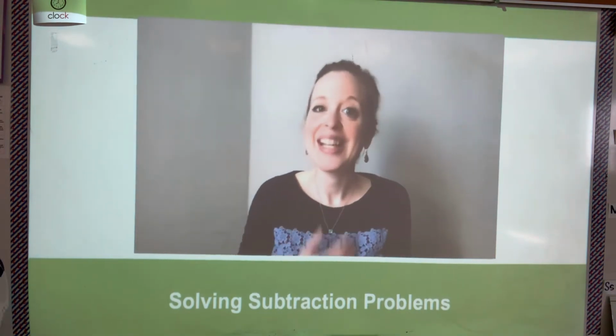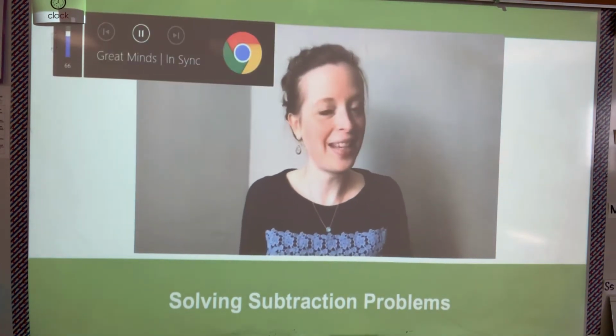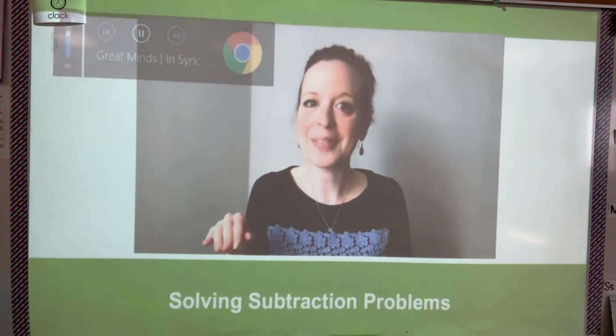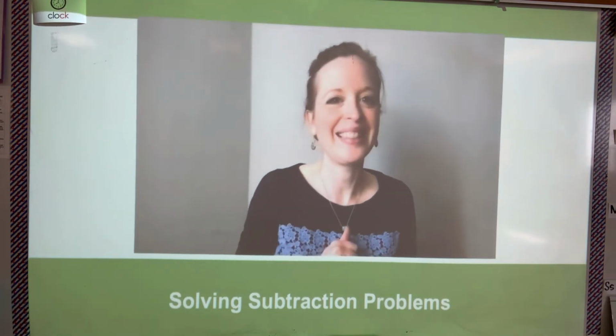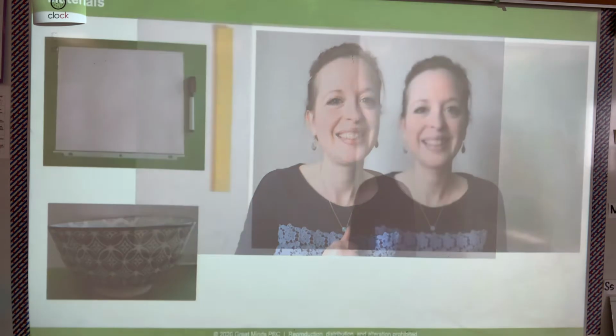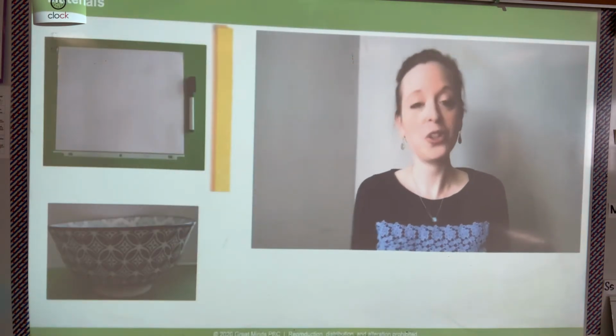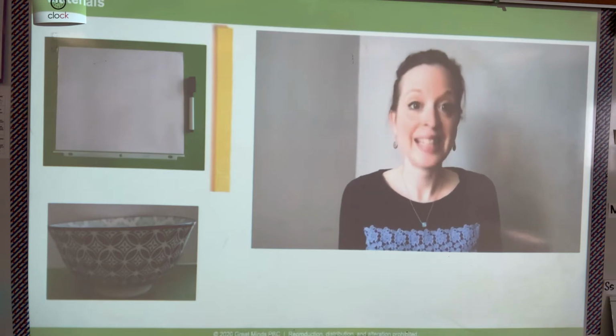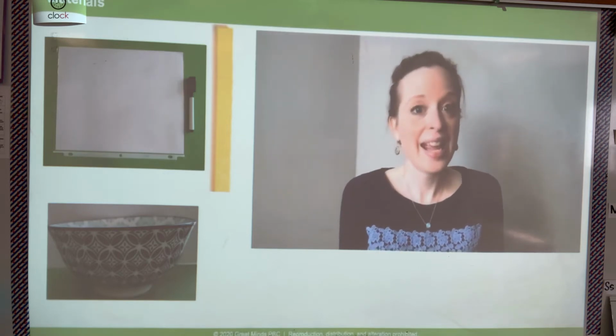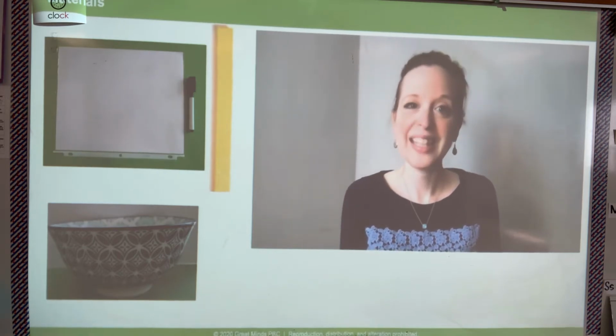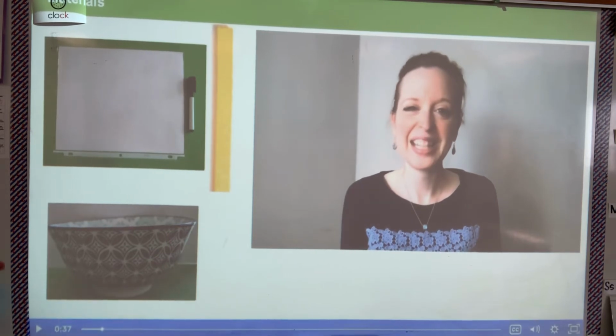Today we're going to be solving subtraction problems. Let's get started. For today's lesson, you'll need your whiteboard, dry erase marker, 10 linking cubes, and a bowl. If you don't have a bowl, you can use your hand to hold things in. But if you want to get a bowl, I'll give you some time to go get it.